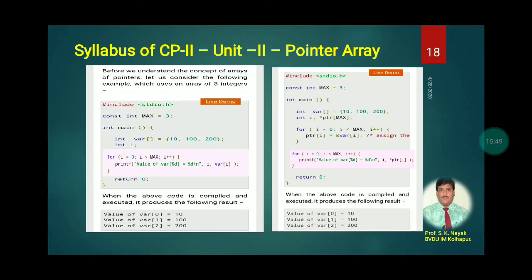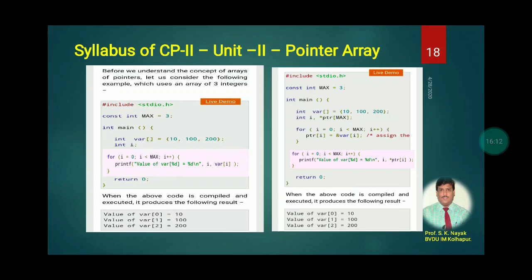That's why we have given the first I, and later on we are not using the array, we are using the pointer here. Compare this to the left side slide: on the left side you have var of I, here you have star ptr of I. So through pointers we can fetch the output, and you get the same output.